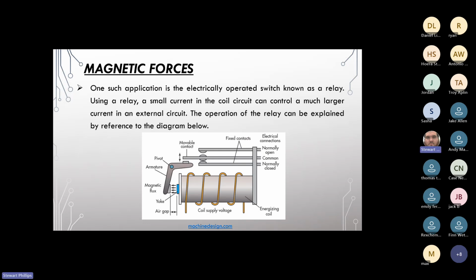Just because the relay doesn't necessarily have to look like the picture here, they come in all shapes and sizes. It is basically an electric switch. There are very small relays inside of sensors. If you open them apart, you'll find a small, tiny relay inside them.